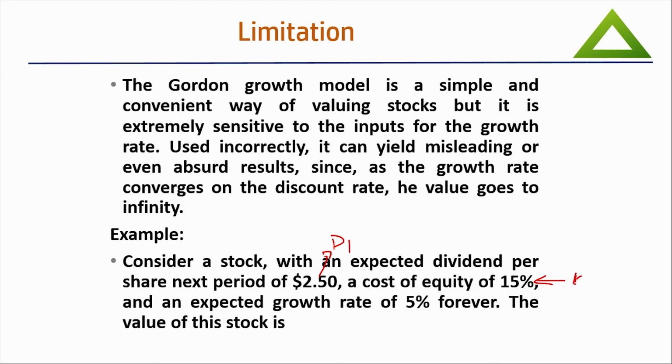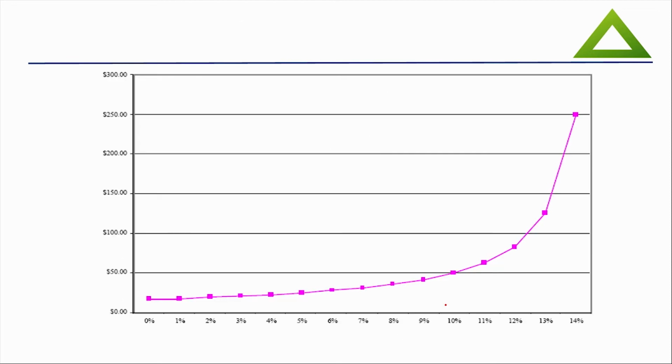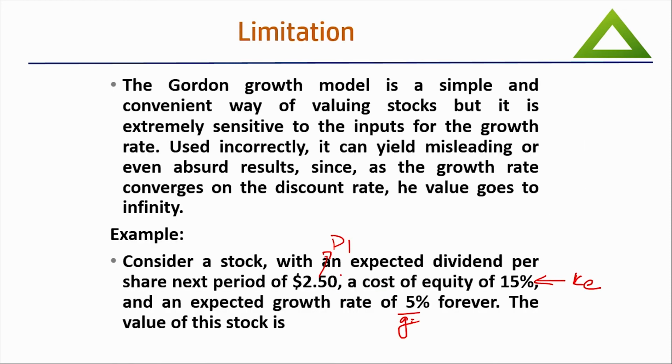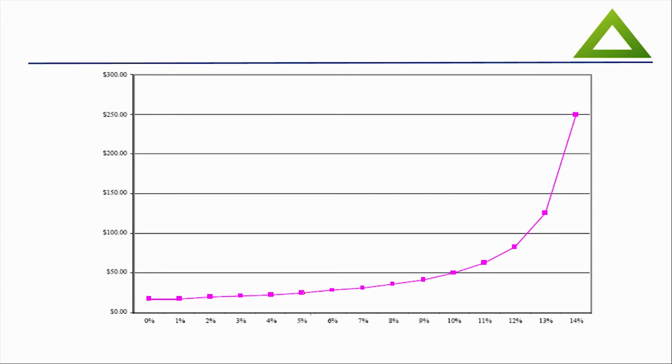This is the required rate of return, KE, and this is the growth rate he has suggested. Now he has drawn something very interesting. Right now, if the growth rate is 5%, the price is somewhere here. If it becomes 10%, I can see the price has doubled, but that is not common every time.